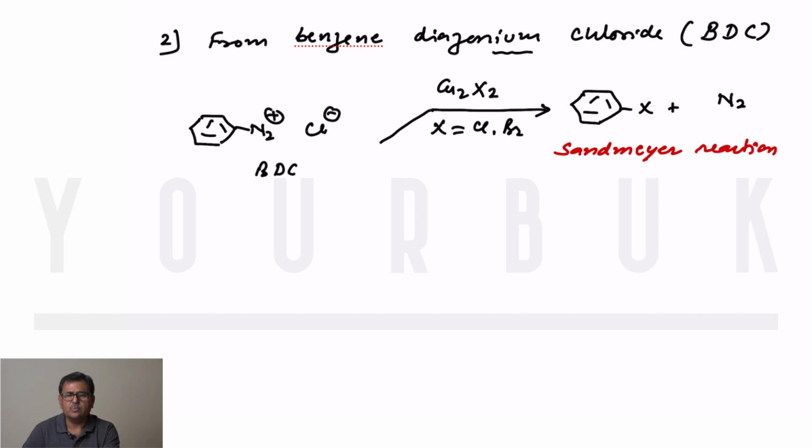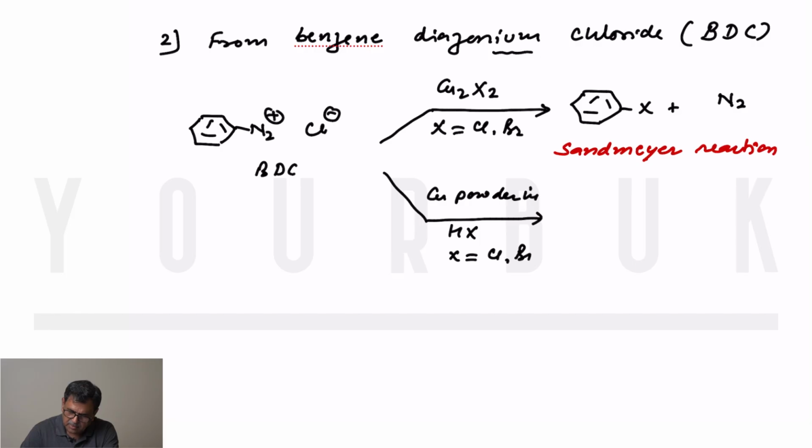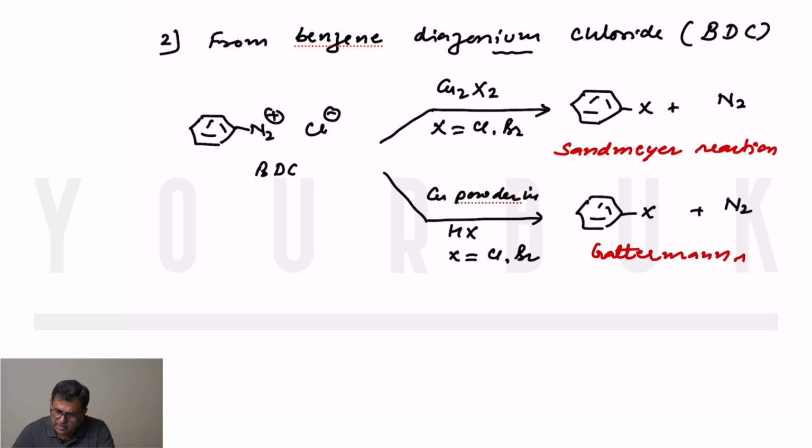But we can also prepare chloro and bromobenzene from the benzene diazonium chloride using a copper powder in HX. Again, X can be chlorine and bromine. So the answer is again the same, halobenzene, chloro and bromo with the liberation of nitrogen gas. But now this reaction is called a Gattermann reaction.